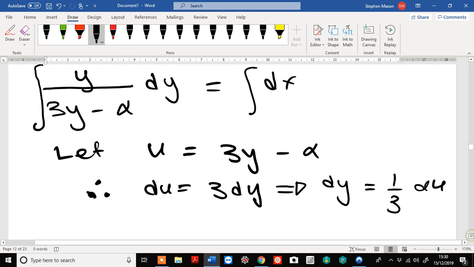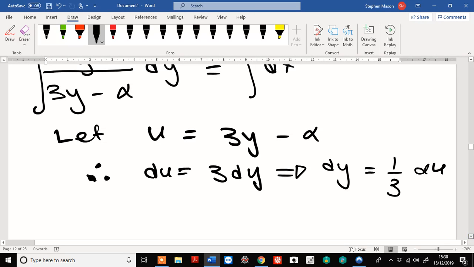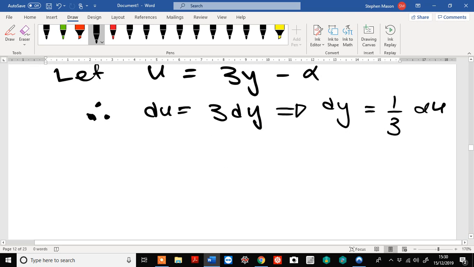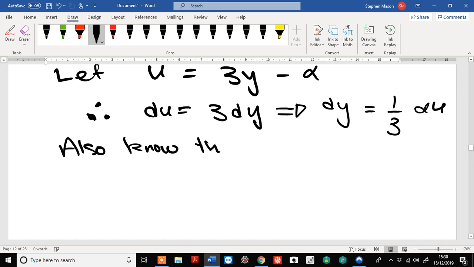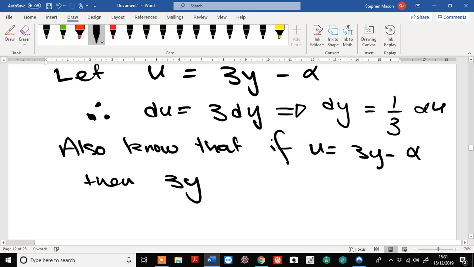Okay, so if u equals 3y minus alpha, then rearranging that, we've got 3y equals u plus alpha, and of course you divide both sides by 3 to get that.